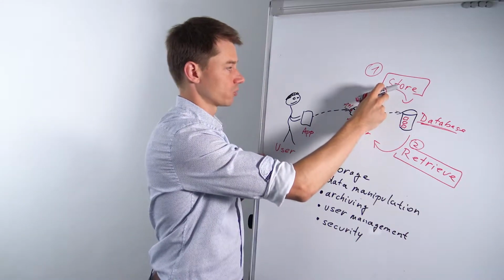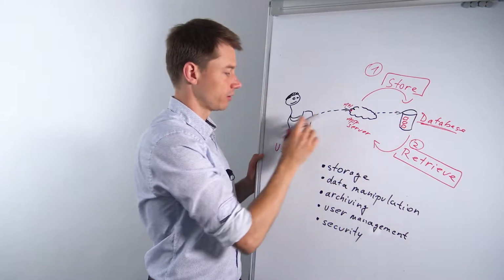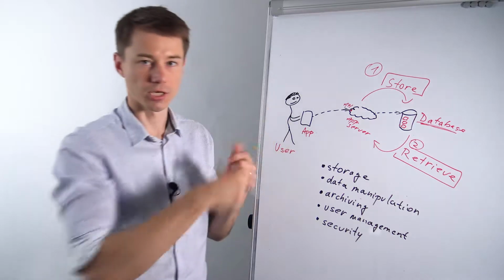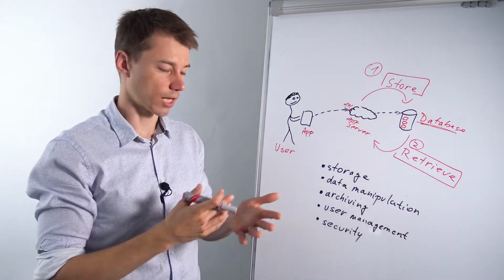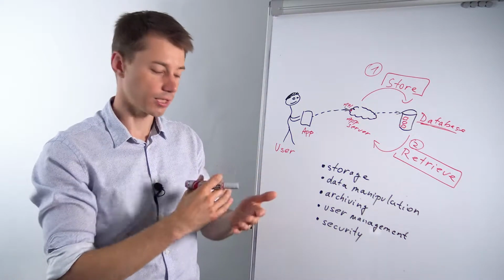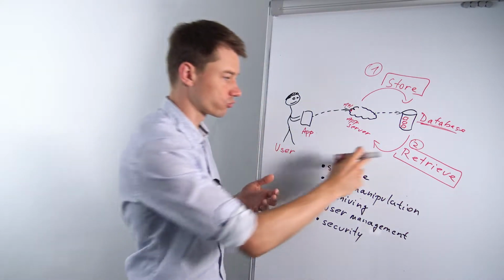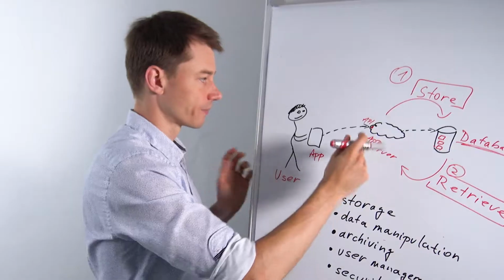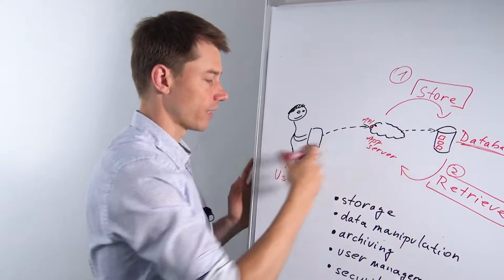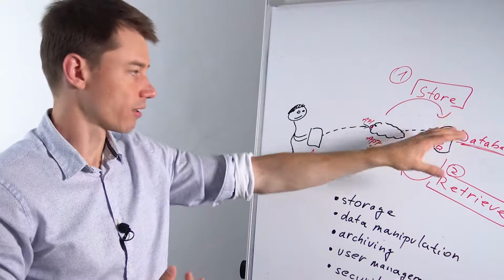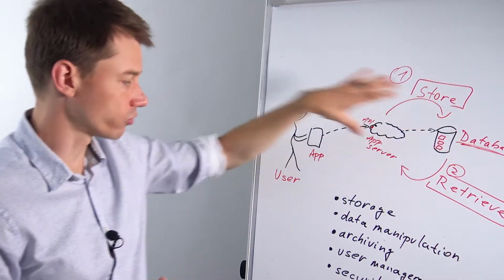So first we need to store data, and then a user may come back the other day, refresh a list of tasks and see what tasks they are supposed to complete today. Then you need to retrieve the data from a database. The database server enables all of this.